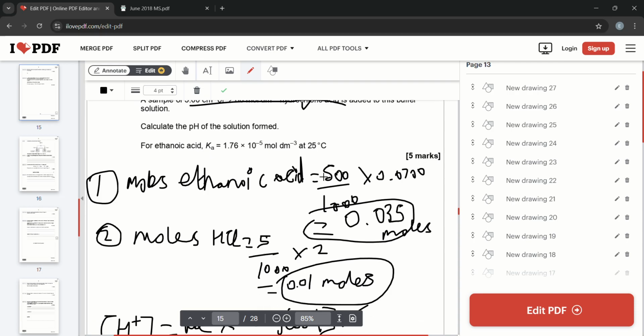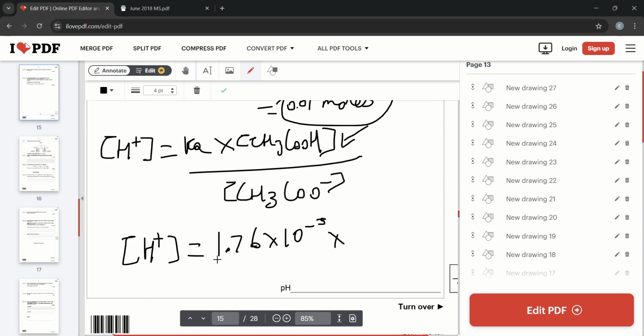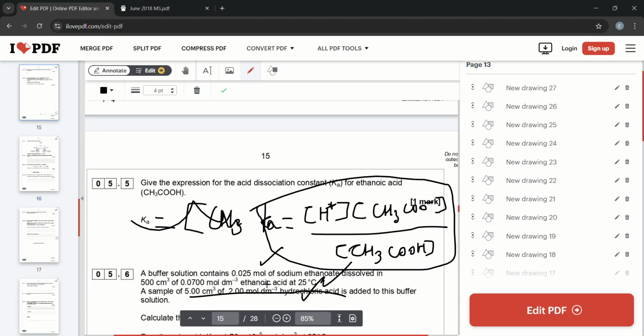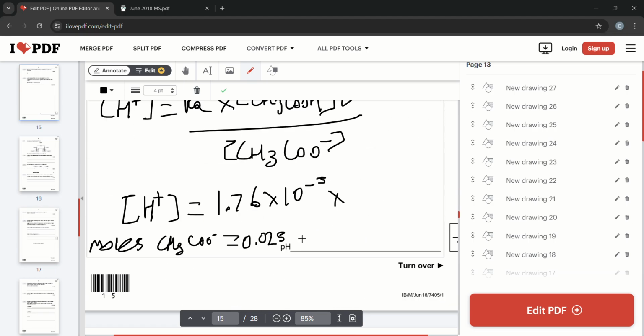So we've got the moles. Now we can find out the moles of CH3COO-, equal to 0.025, sodium ethanoate, minus 0.01.